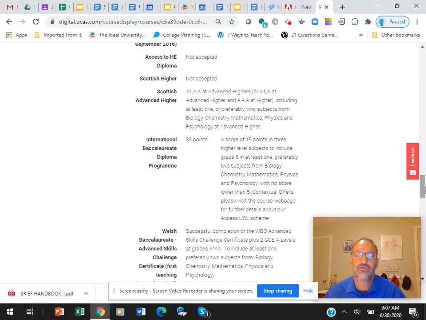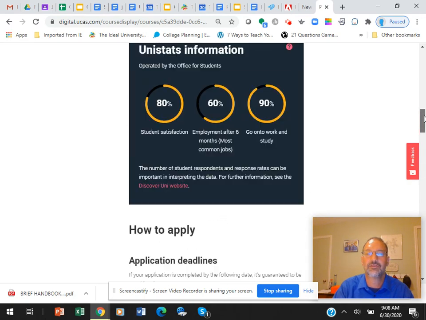Okay, so they're asking that out of your 3 higher levels, 2 should be within either biology, chemistry, math, physics, or psychology, with no score overall lower than a 5. And if you want more details, you can access their website. But that gives you an idea that to do psychology at UCL, you have to have quite high grades.